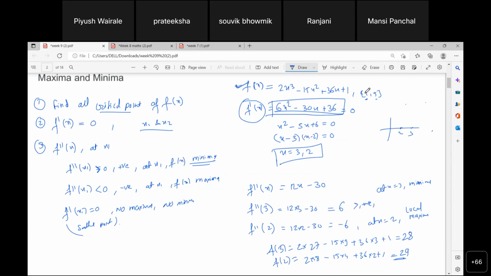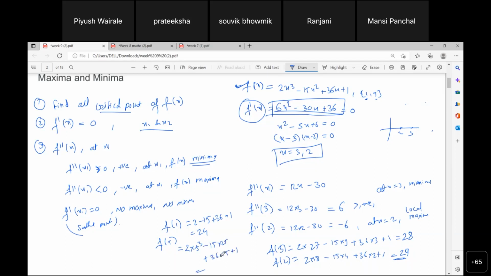Now, in order to find the global maxima and minima, I have to compare this value with f of 1 and f of 5 also. So what is my f of 1 here? Let's put 2 minus 15 plus 36 plus 1. So I will get 24. And here I will get 2 into 5 cube minus 15 into 25 plus 36 into 5 plus 1.